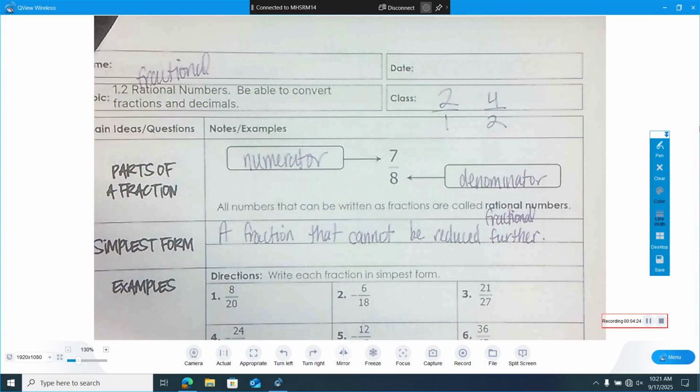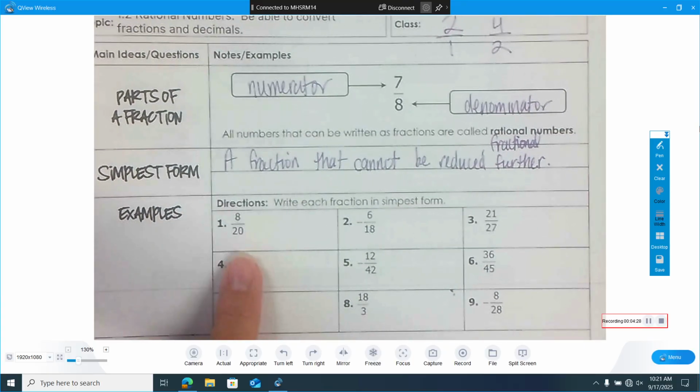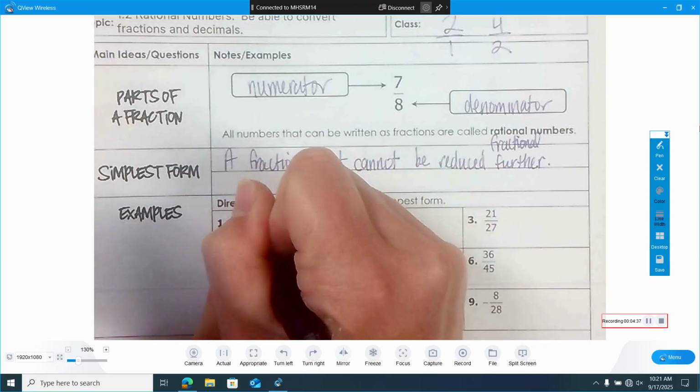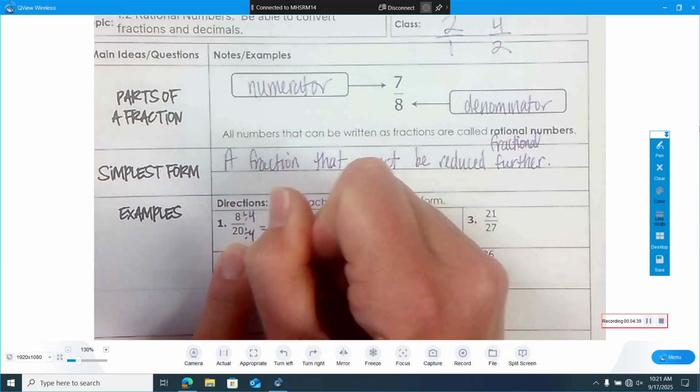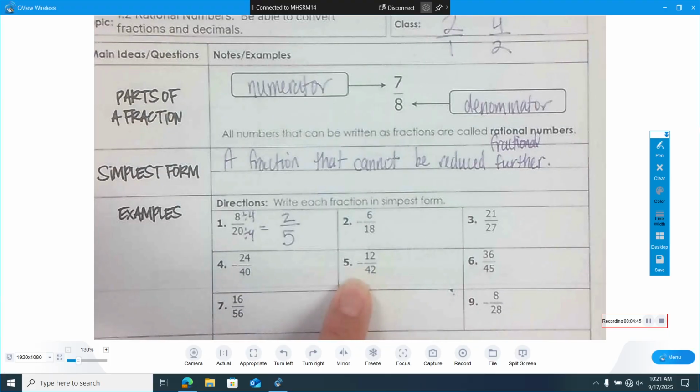I am not going to do all of these because we've already done much of this. Number 1, 8 over 20. What can we reduce by? 4. Divide by 4, top and bottom, so we get 2 over 5, and that is fully simplified. What about number 5? Negative 12 over 42.